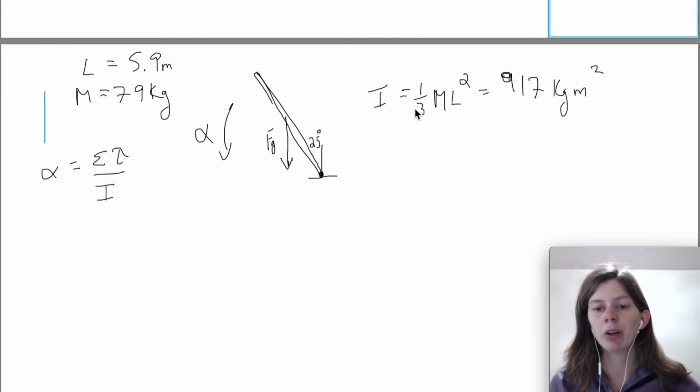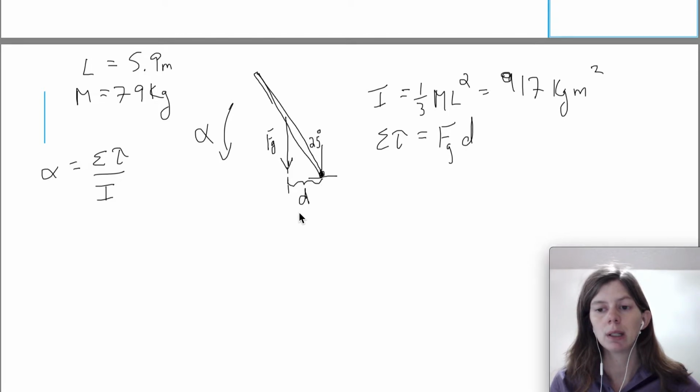And then the net torque is the torque produced by just this force. Since this object is diagonal, I'm going to use the F d definition. The way that we're going to use this one is we extend that force line, and then we find the shortest distance from the pivot to that force line, which is this horizontal distance right here.